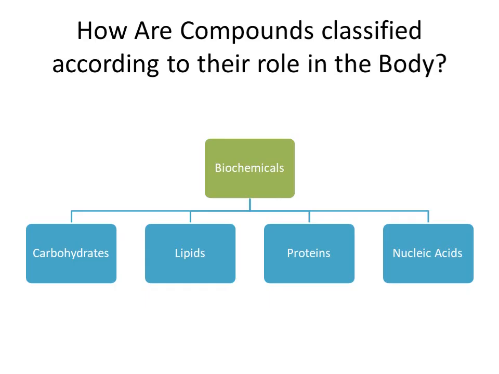How are compounds classified according to their role in the body? Biochemicals, I mean compounds that are produced in the body, can be carbohydrates, lipids, proteins, and nucleic acids. Next slide will explain each one of them.